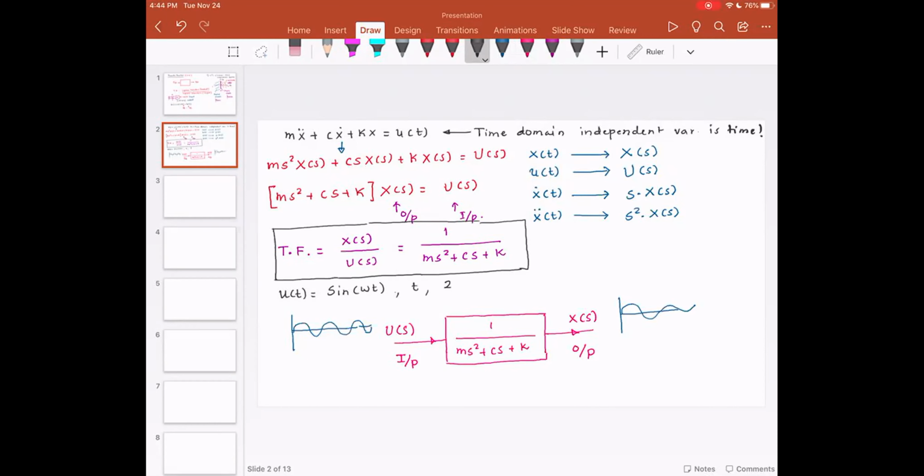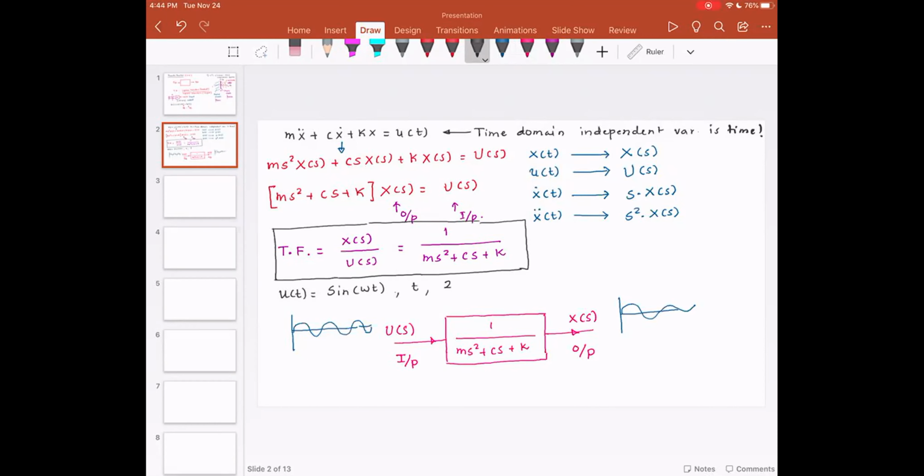So when I get 1 divided by 0, which is nothing but infinity, and once it is infinity, infinity multiplied by any number will land up with infinity, which means if I could solve this equation, ms square plus cs plus k is equal to 0, and find the value of s, let's see what happens.